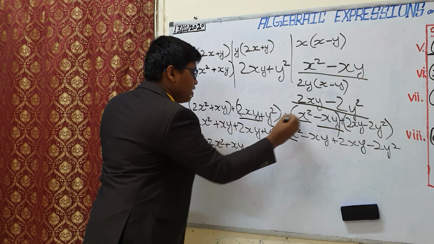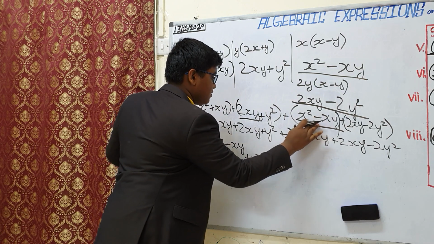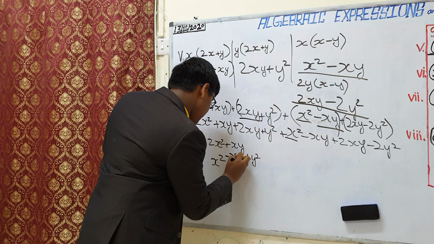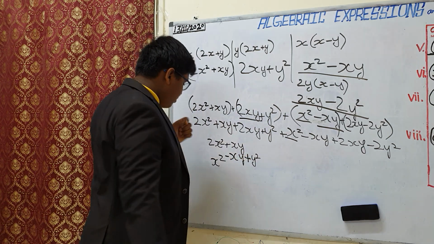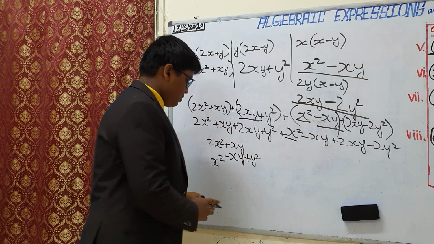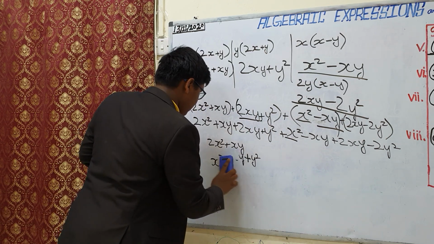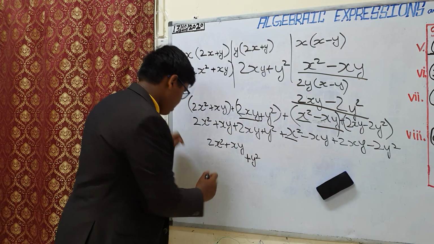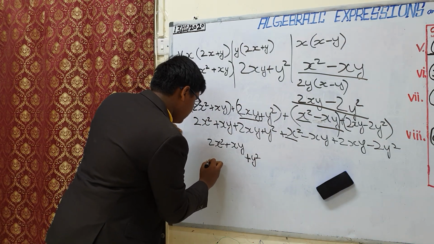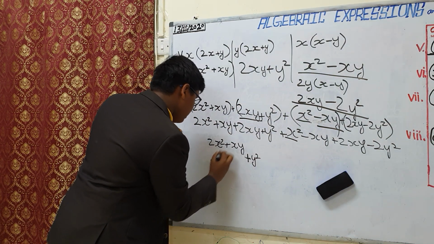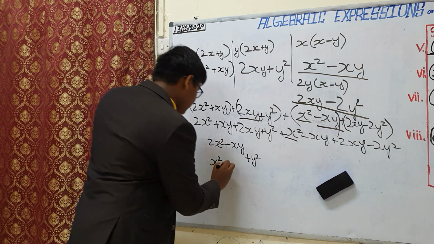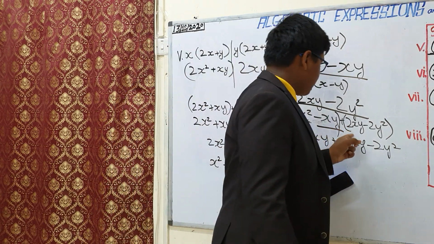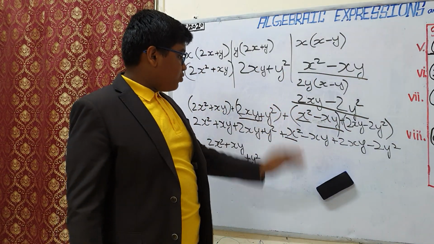Then here we have negative, so that's why we will write it as negative xy. Okay, now this is the third term, then x squared minus xy. Then the last one is 2xy minus 2y squared.